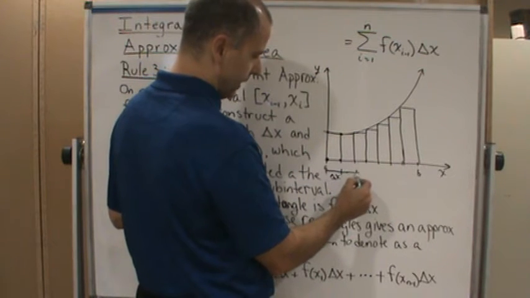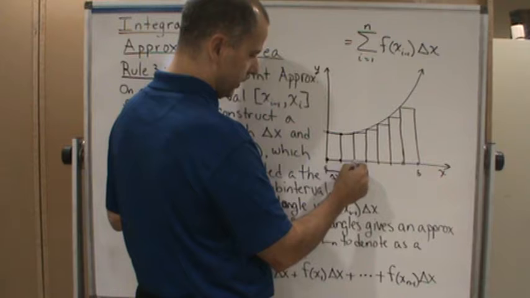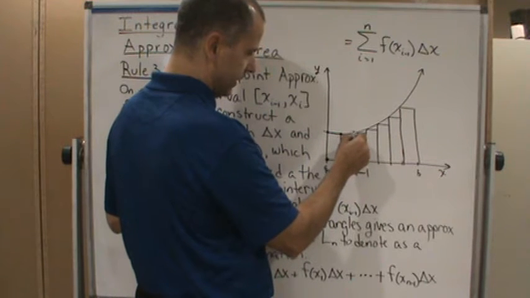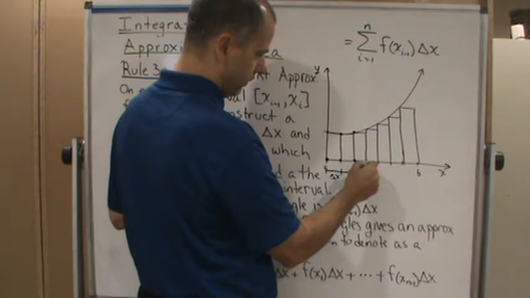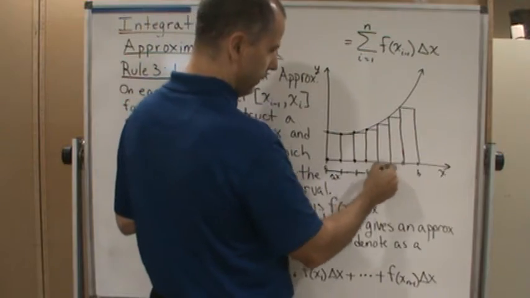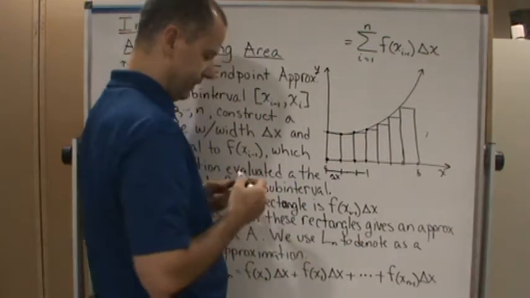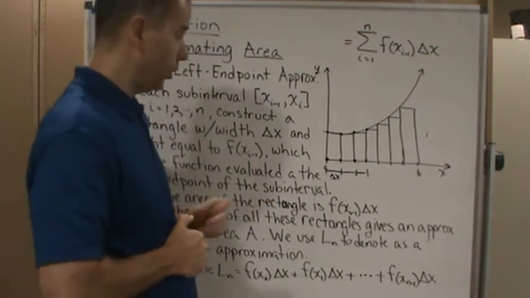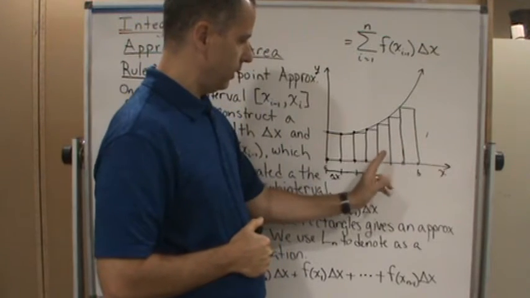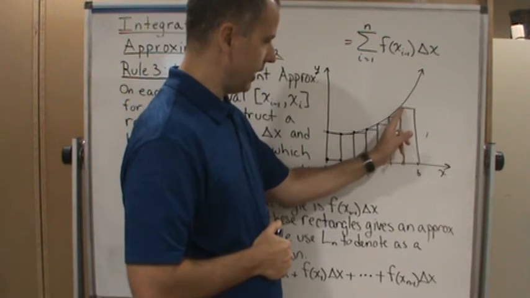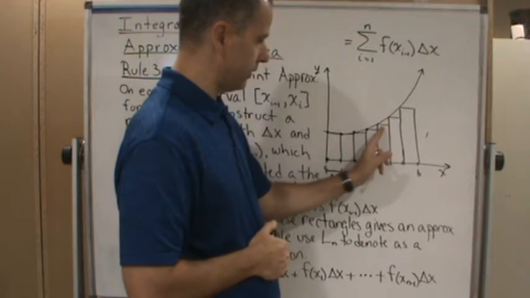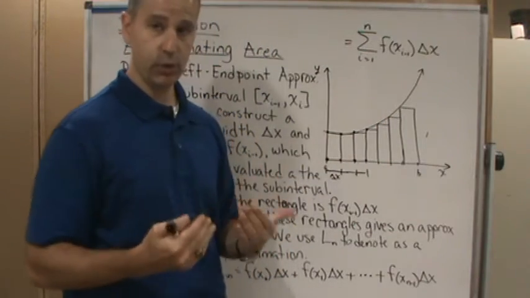And then for the next subinterval, we're going to use the left endpoint here to get this height, and so on. And so then we get this visual of the rectangles. Notice that the height of the rectangles is always on the left, because we're using the left endpoint.